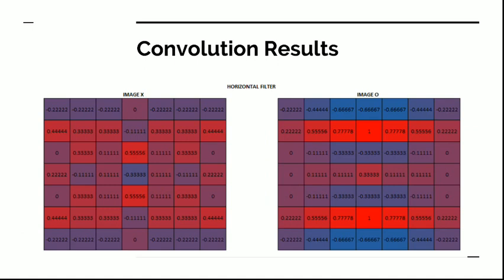Let's see what we get when we convolute both images with the horizontal filter. When we convolute image X with the horizontal filter, we cannot see any clear pattern.